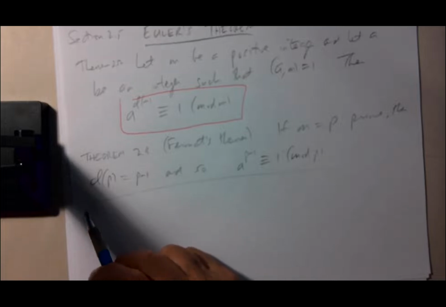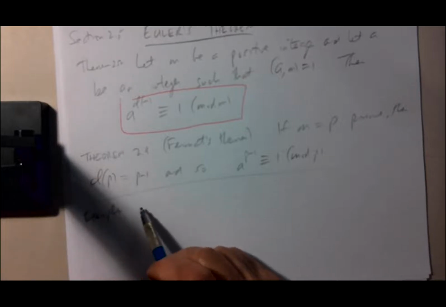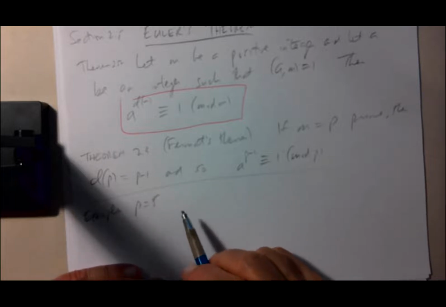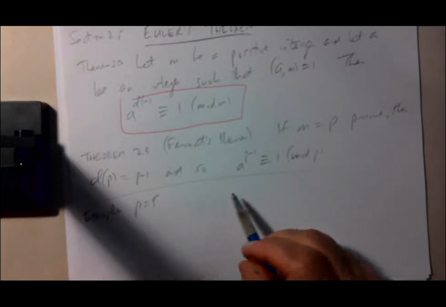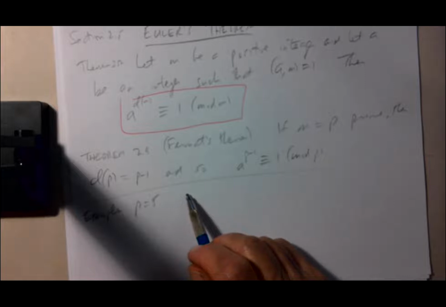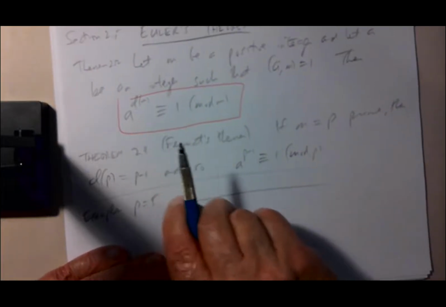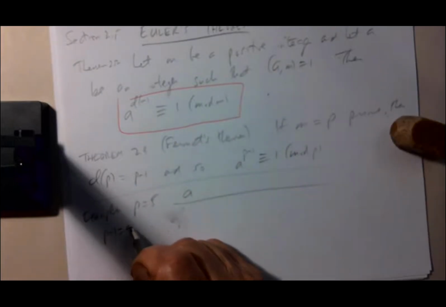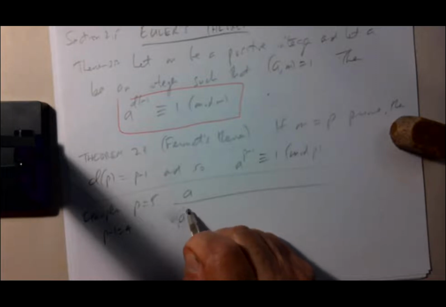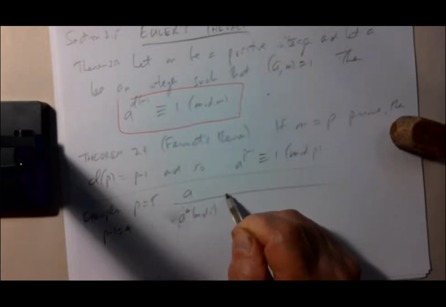So before I prove the theorem, let's just look at some examples. Suppose I take p equal to 5. I'll make a little table: a and a to the p minus 1. Well, in this case, p is 5, so p minus 1 is 4. So I'm going to take a and then a to the 4th power mod 5.